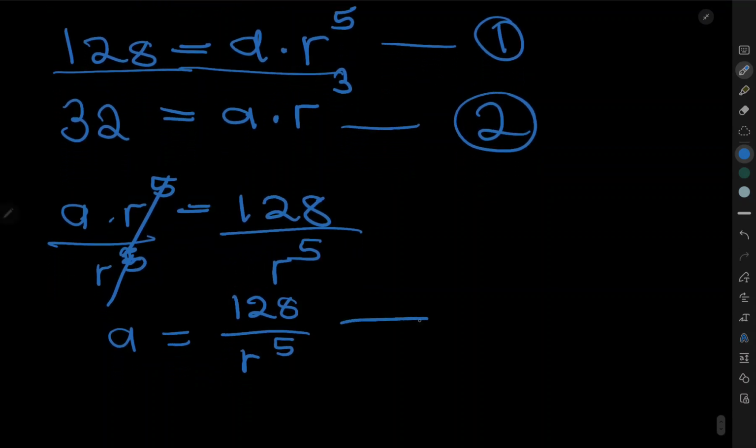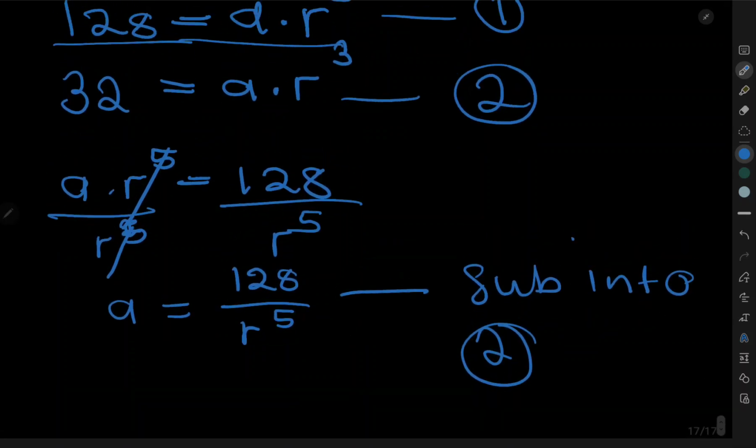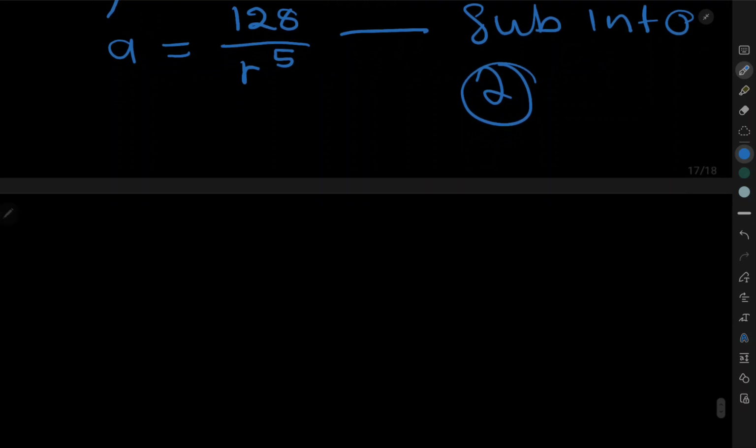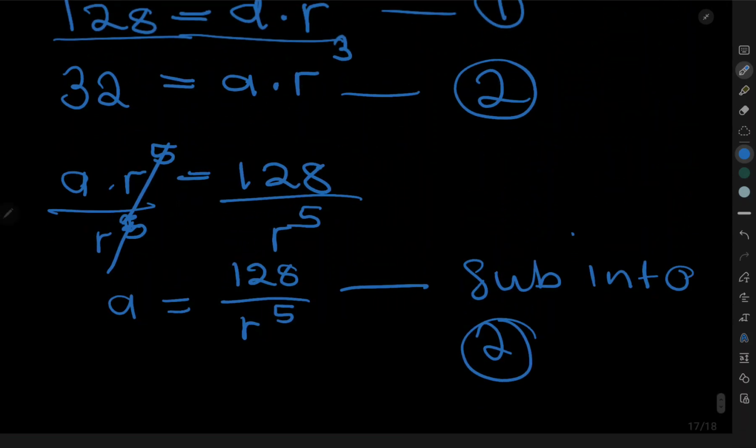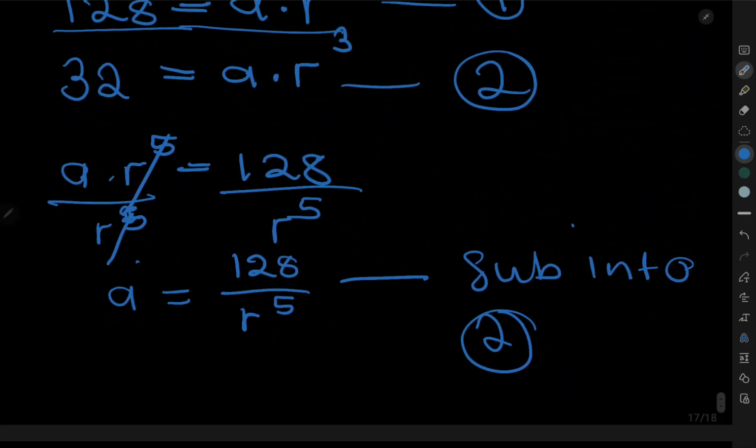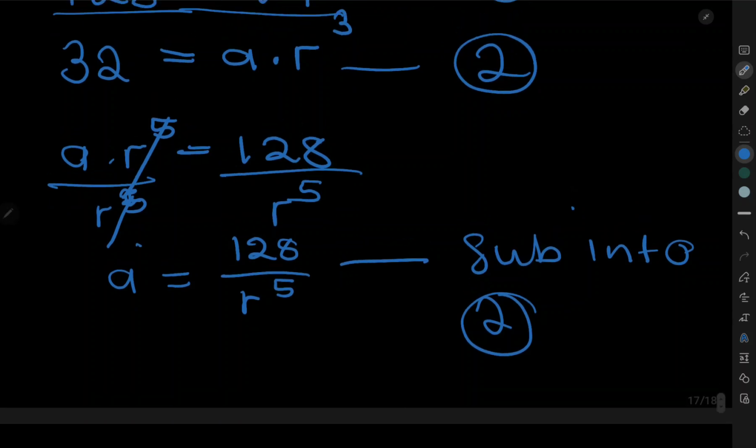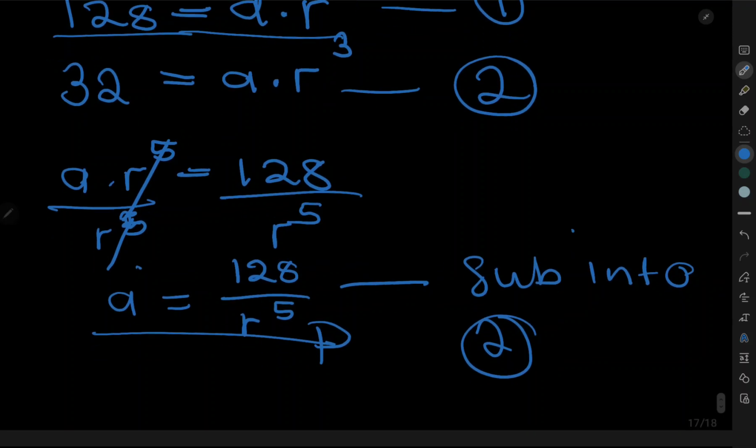So now I will use this value and substitute into my first equation. Let me just get more space. In my first equation, where there's a, I'm going to replace it with 128 over r to the power of 5.